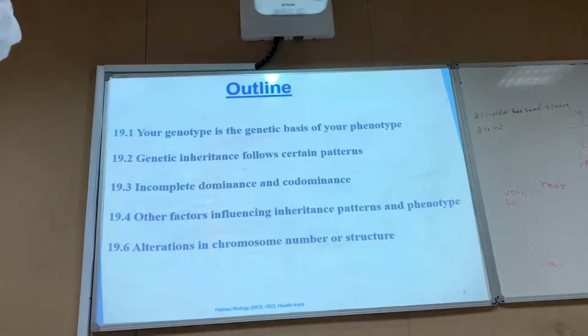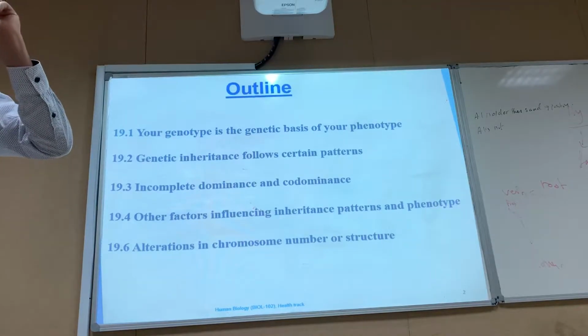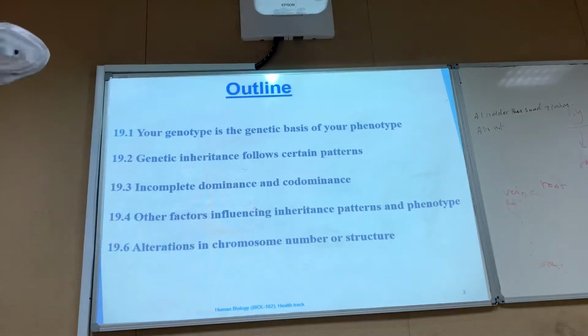They can line up either way, mother and father. That's metaphase 1. So this is independent assortment, okay? The alleles can assort themselves independently of one another, unless they are linked, close to each other on the same chromosome. We'll talk about that later on, okay?